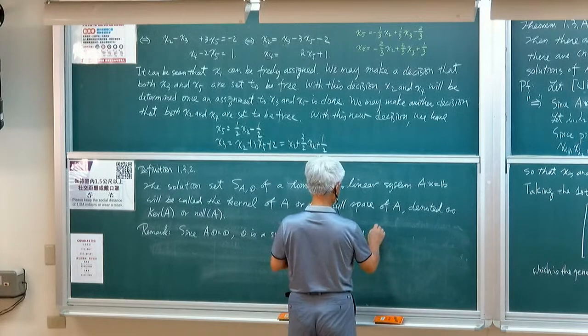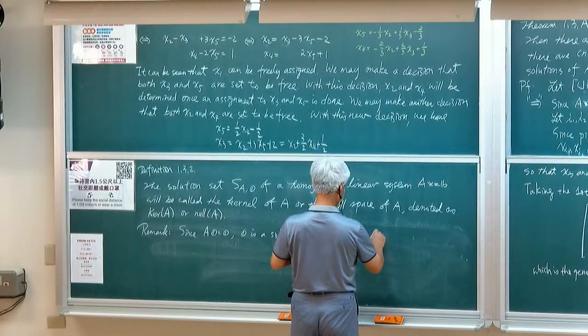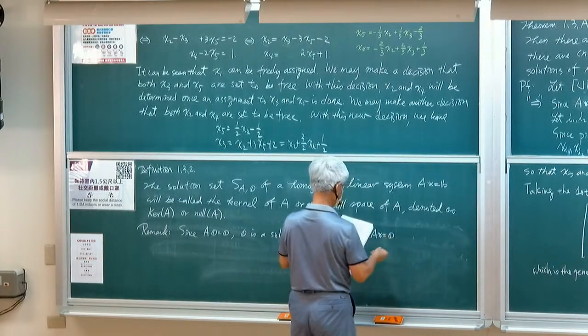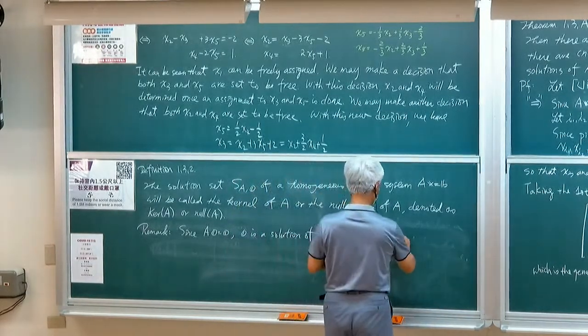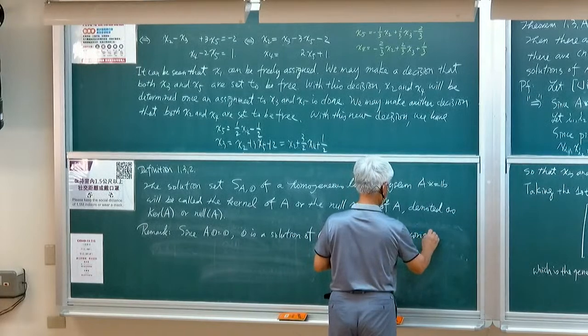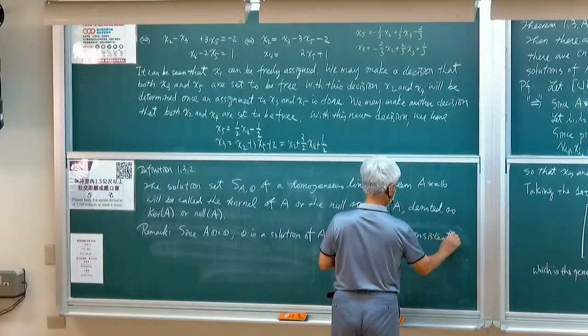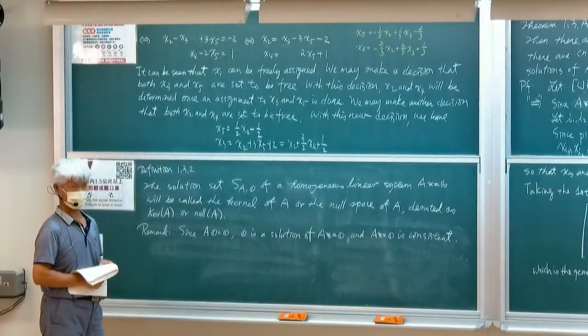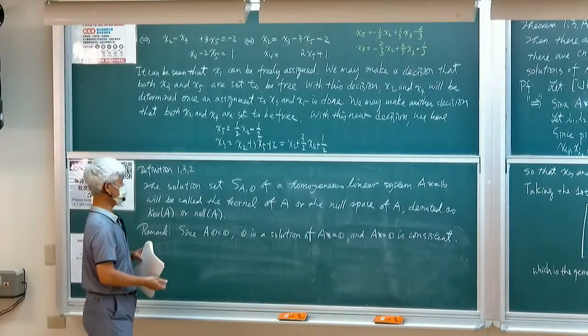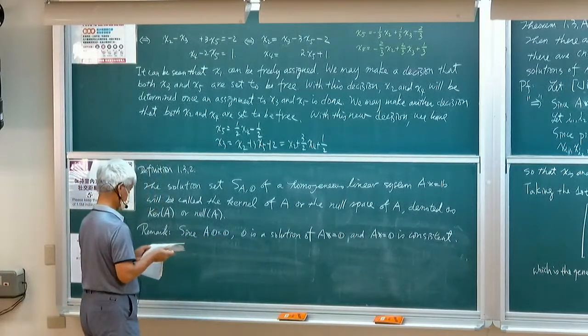And the linear system Ax equal to 0 is consistent. Right, so any homogeneous linear system must be consistent. Okay, because 0 is the solution.